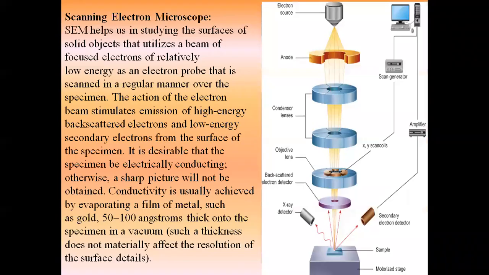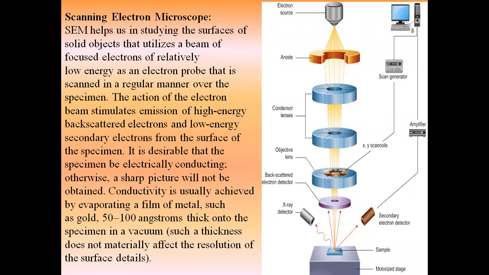In the scanning electron microscope, we use the same source, the electron gun. Then you have your electrons, then your condenser lens, which passes to the objective lens. After that, the electrons are focused on the sample, and the whole area of the sample is scanned, and the electrons generated from the sample surface will be detected by the backscattered detector.